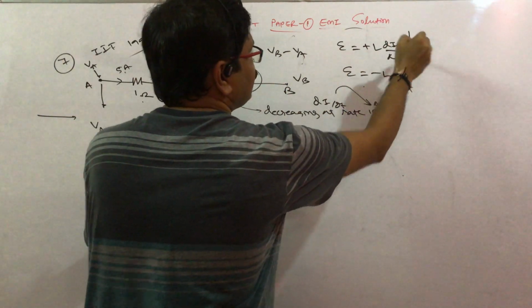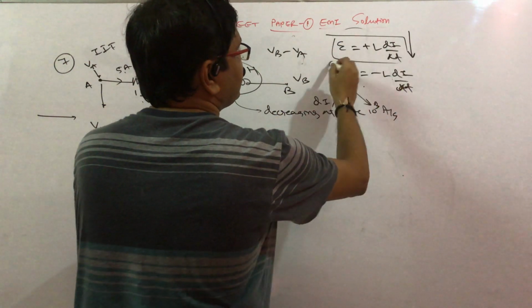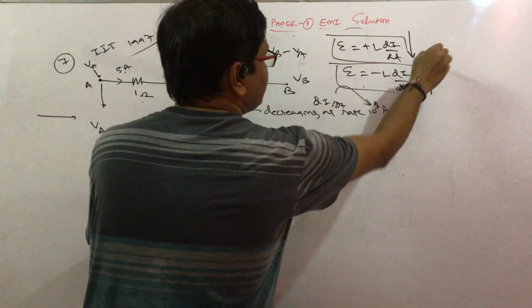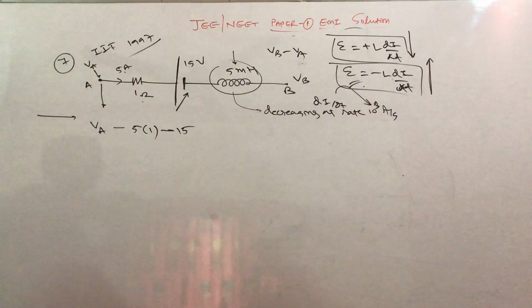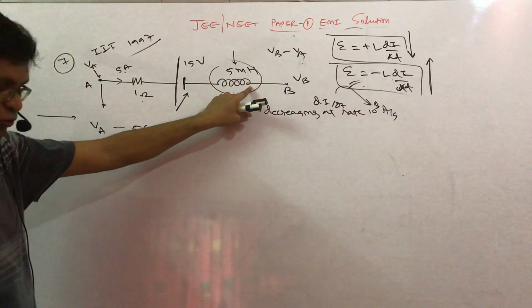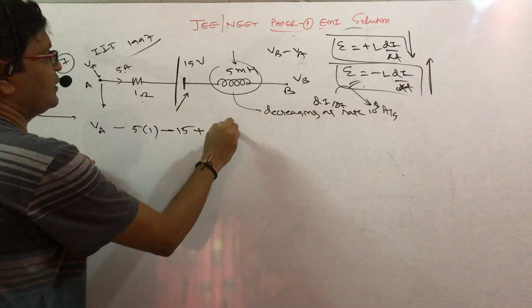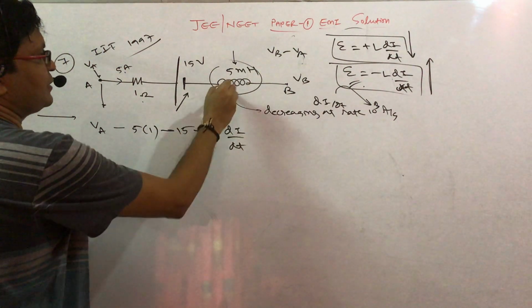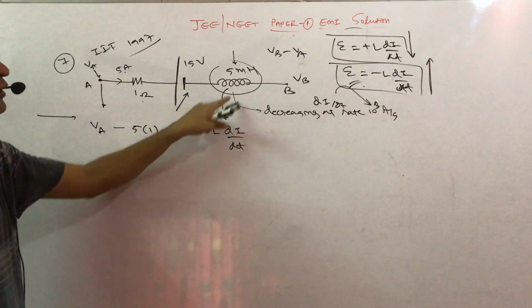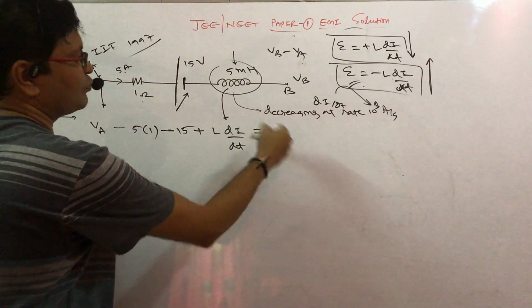Here the current passing through the inductor decreases, so we have to consider positive L di by dt. This is the potential difference across the inductor, equal to VB.